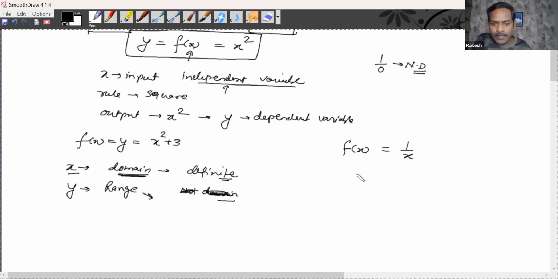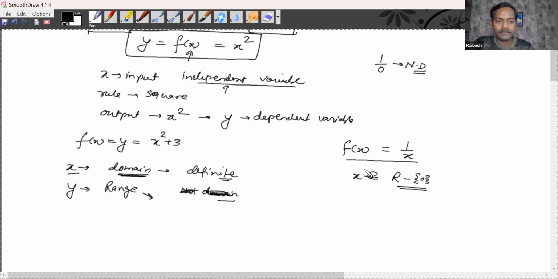So here the domain would be any real number other than 0. So x will take elements from all real numbers minus the integer 0. This is how we will denote the domain of this function: all real values except 0.